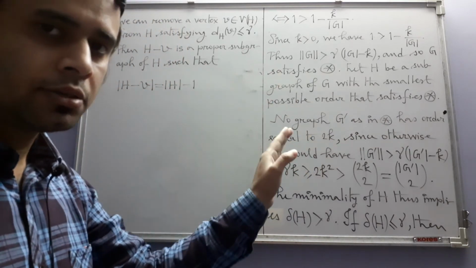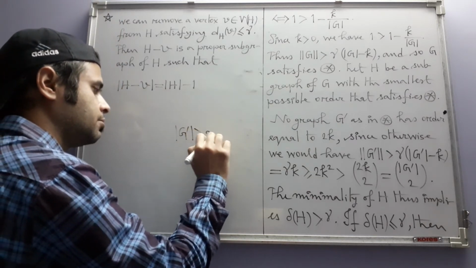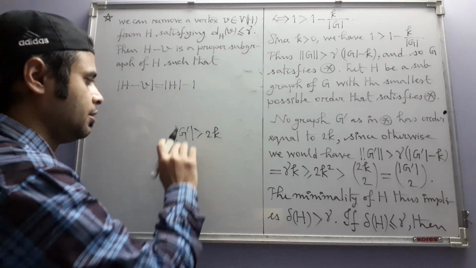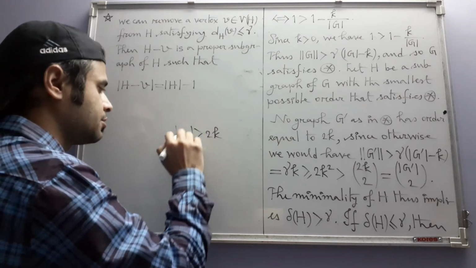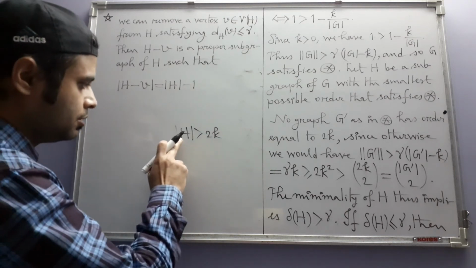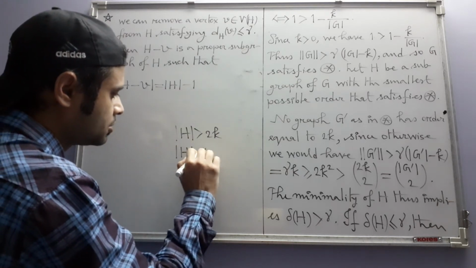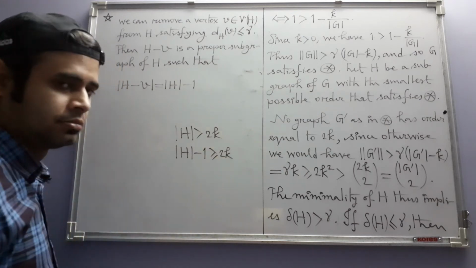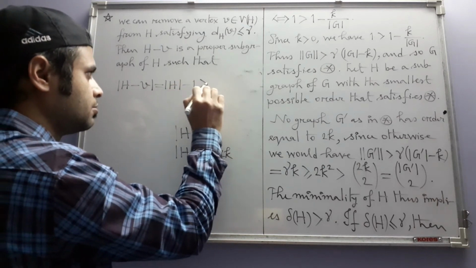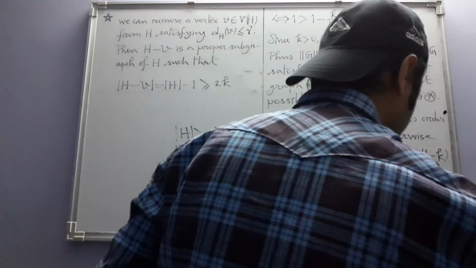According to the given inequalities in star, the first inequality that G prime satisfies is this, and we cannot have equality here, so strict inequality. In particular, since H also satisfies star, we have this. And because these are integers, this must be greater than or equal to 2k. Strict inequality implies this. And the other thing that will happen is this.